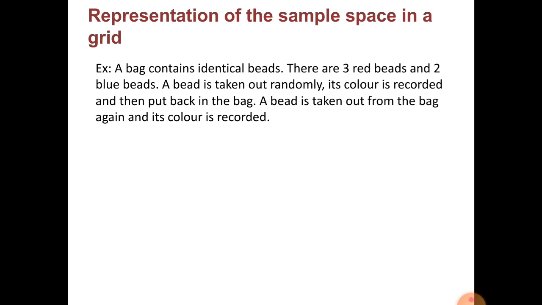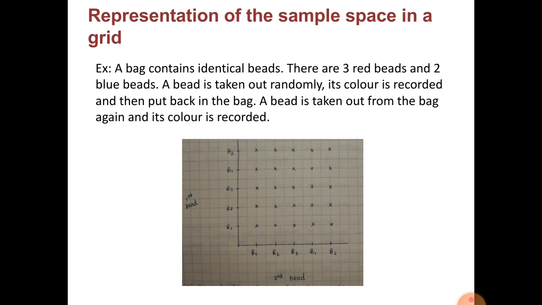A bead is taken out from the bag again and its color is recorded. For this, you can draw the sample space like this. Draw 2 axes, and you can name one axis R1, R2, R3, B1, B2. Using the same labels, you can use R1, R2, R3, B1, B2 for both the y-axis and x-axis.